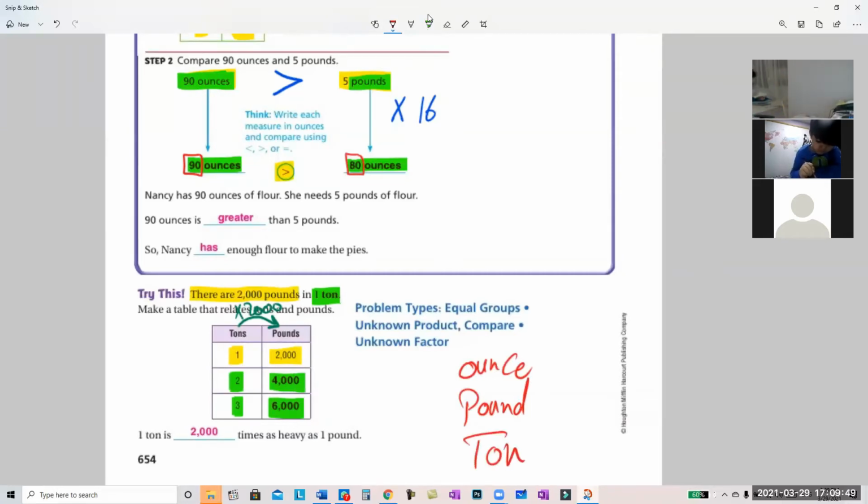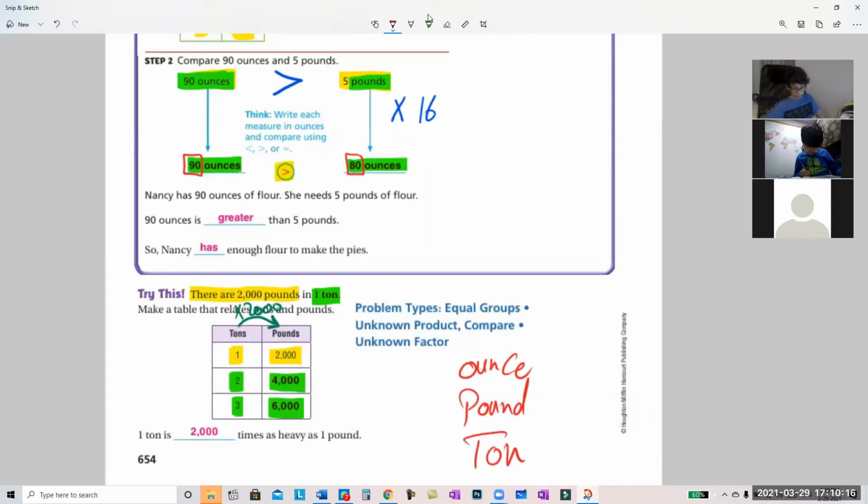So we have three customary units of weight. From the smallest to the greatest, we have ounce, then pound, then ton.